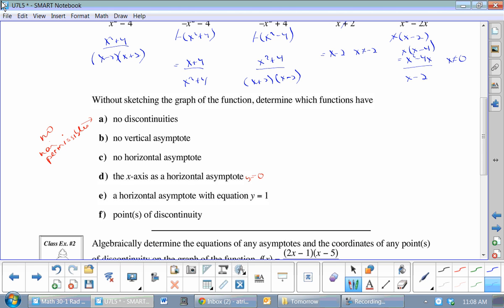Okay, so I'm just going to get people to help me with these ones, and we'll see if they're right, wrong, or missing some. Okay, so Jamie Prinz, which one had no discontinuities? B and G. So what were you looking for?